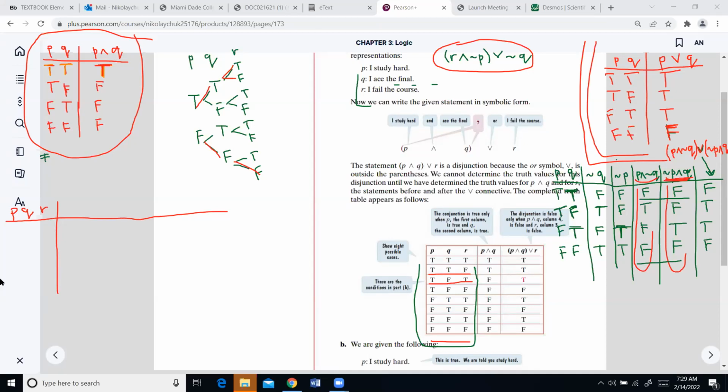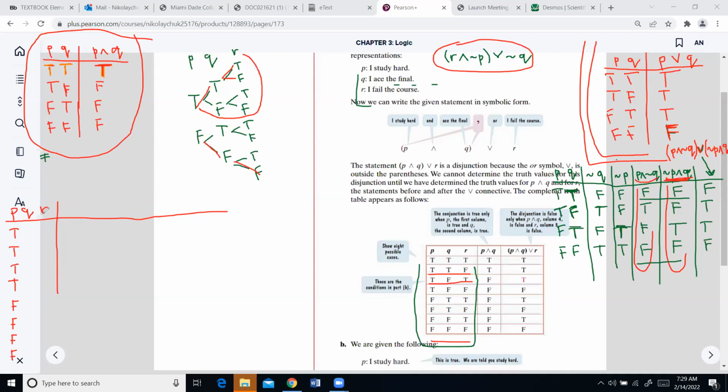Well, it turns out that P could be true for 4 possibilities. Please notice that there's like a half of a table that deals with P being true, and another half of the table that deals with P being false. So like 4 and 4.